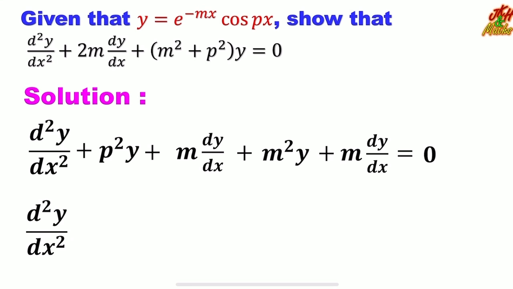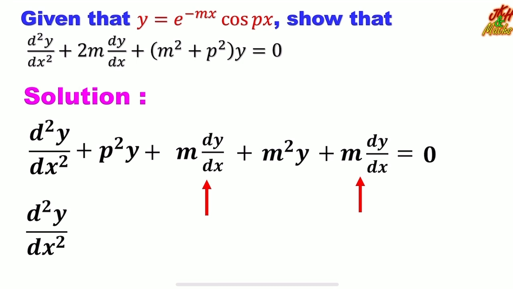So when we observe this equation, let me take a look here. We have m dy/dx as the third term on the left hand side, and we also have the same term as the fifth term on the left hand side. So we can regroup the same term here.